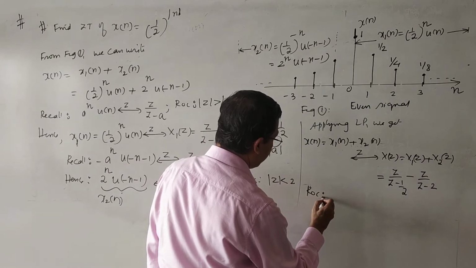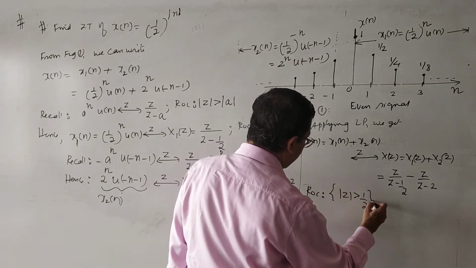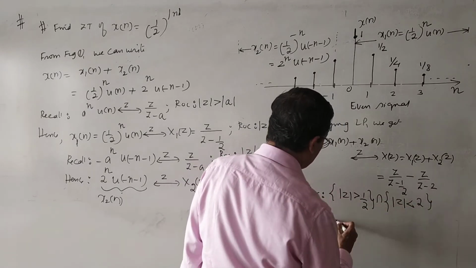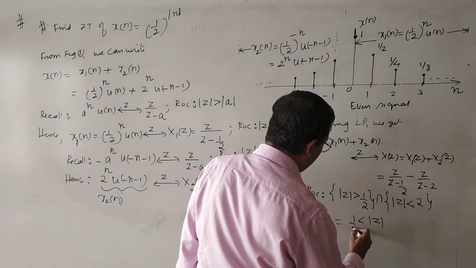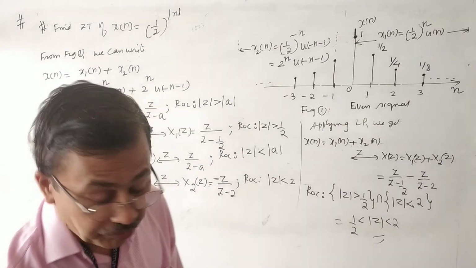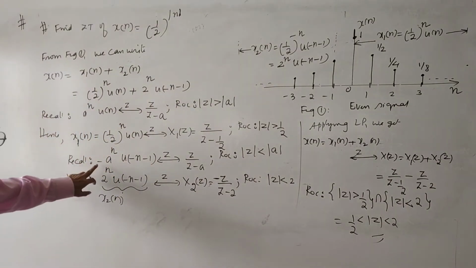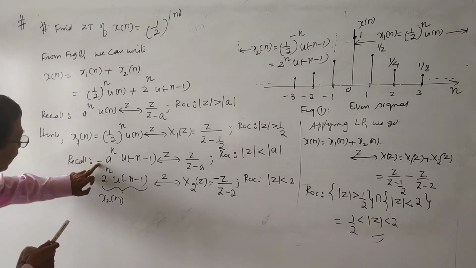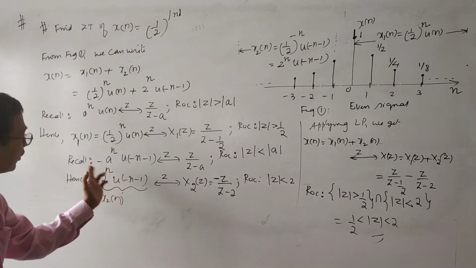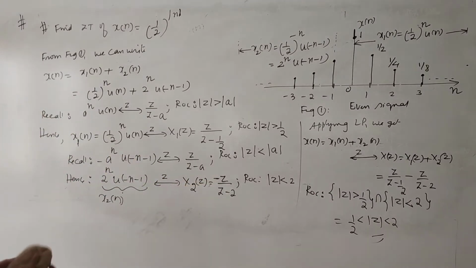Intersect the two ROCs. The ROC is the intersection of mod z greater than half and mod z less than 2. So you get mod z greater than half and less than 2. This is the ROC. So a very important point here is, if there is no minus sign in the time domain signal, in the z domain signal you have to put the minus sign. This is because of the linearity property.